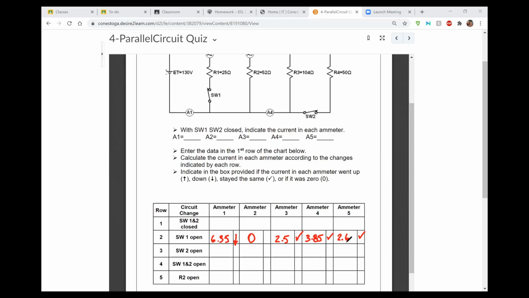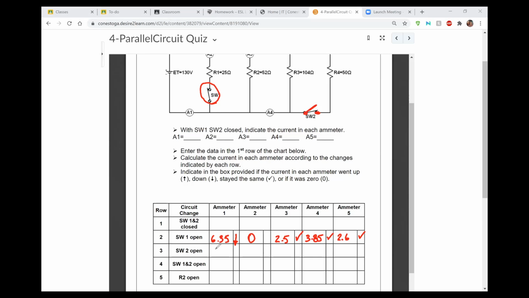Okay, so now I am going to close switch number 1 again, but now I'm going to open switch number 2 and see what happens. So from the last condition, when I close switch 1 and I open switch 2, what is going to happen?